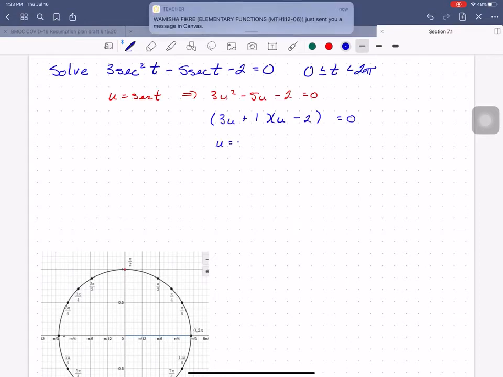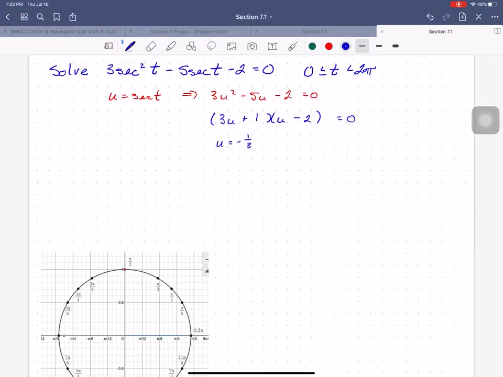which means u equals negative 1/3, or u equals 2, which means, remember that u is secant t, secant t equals negative 1/3, or secant t equals 2.